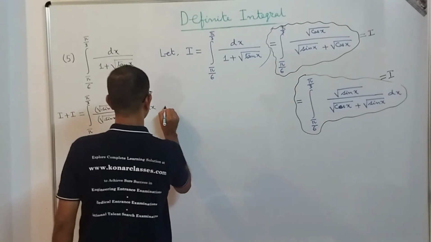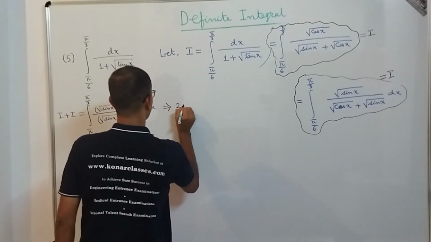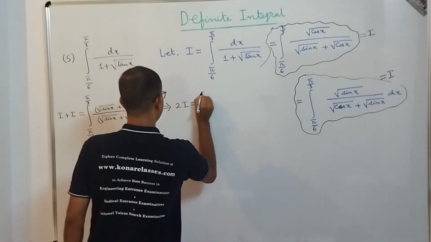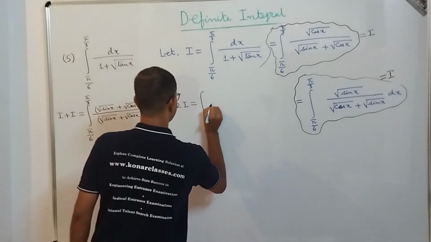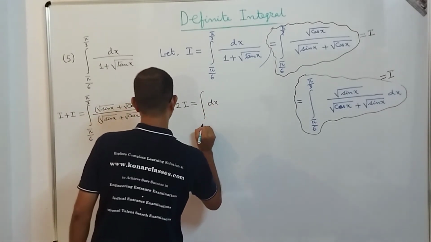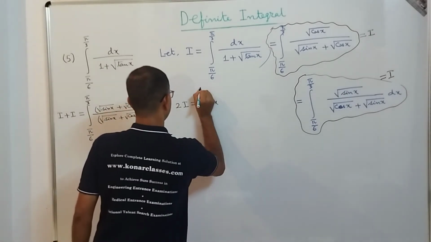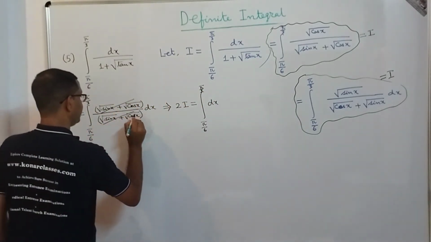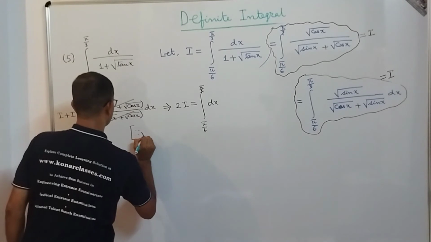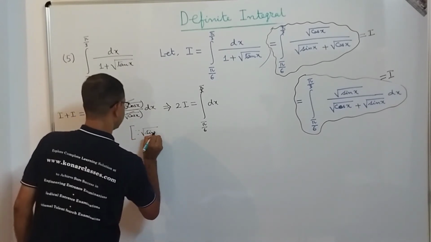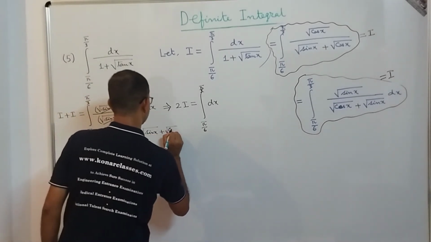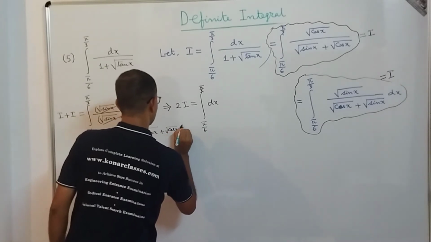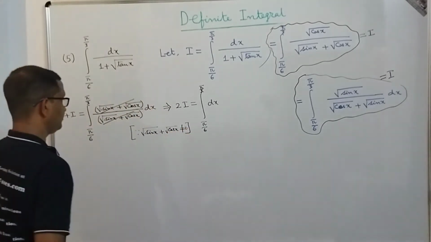So 2I is equal to integration dx from pi by 6 to pi by 3, because this got cancelled, since square root of sin x plus square root of cos x is not equal to 0.